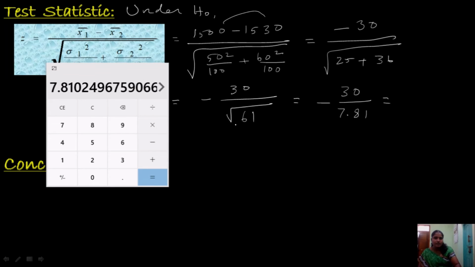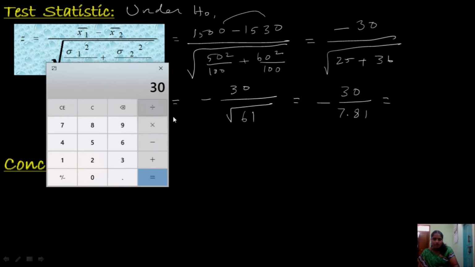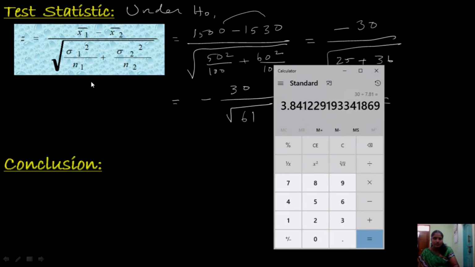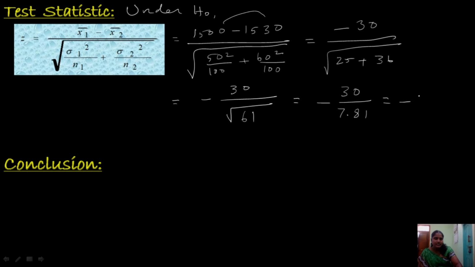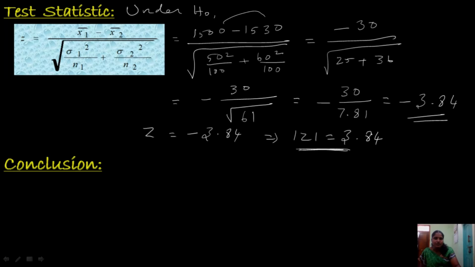And you divide 30 by 7.81, you get 3.8412, so up to 2 decimal places, 3.84. So minus 3.84. Our calculated value of z is 3.84. Next, we have to compare this value with the table value.